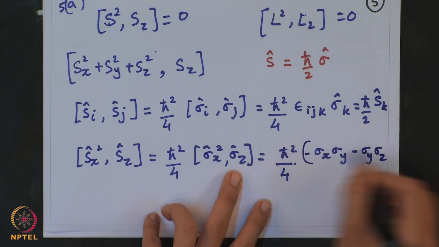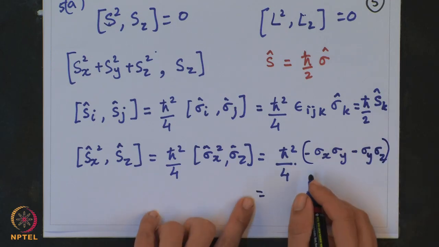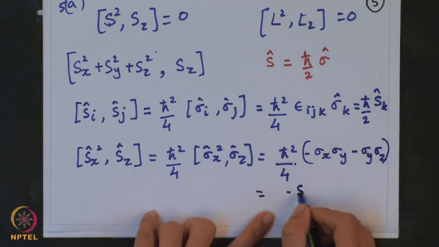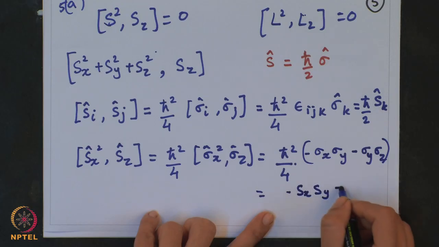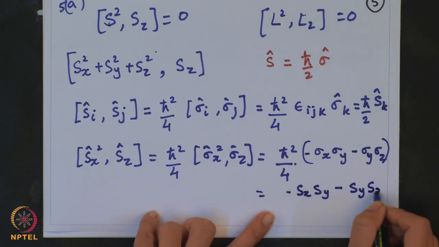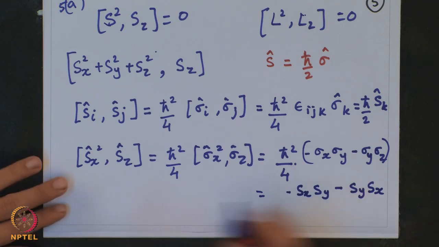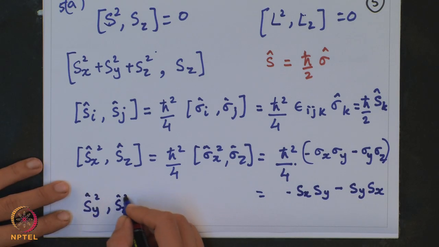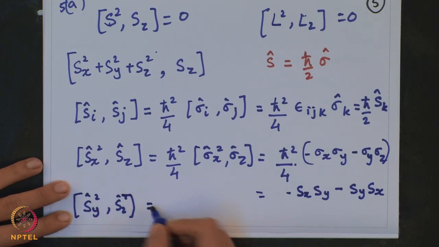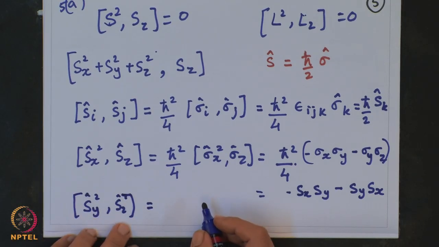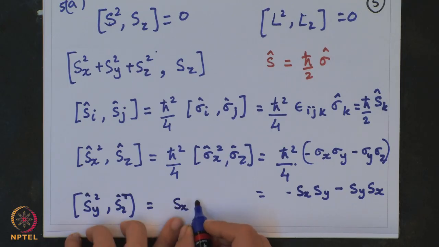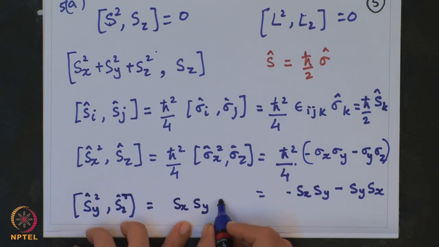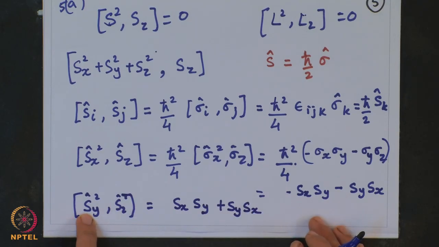So, when I am rewriting this, I will have the form minus Sx Sy minus Sy Sx. And what do I obtain for Sy square with Sz? Now you have a y z. So, you will obtain Sx Sy plus Sy Sx, and for Sz square with Sz, you know the commutator is 0.